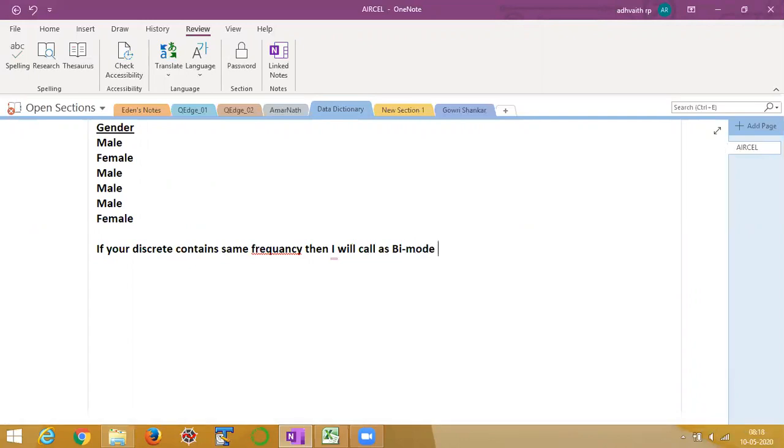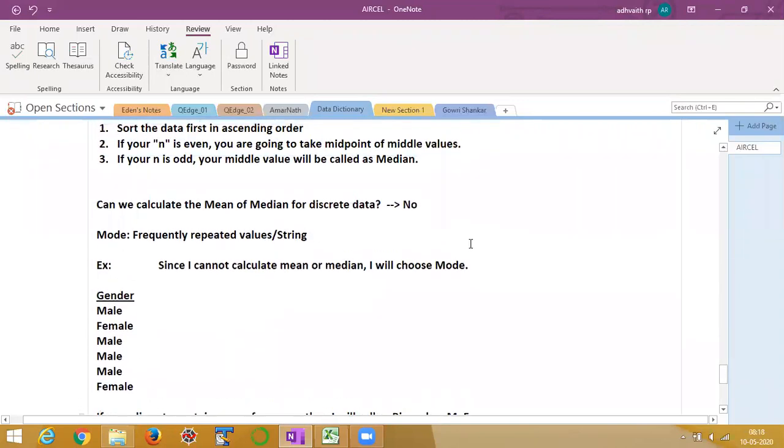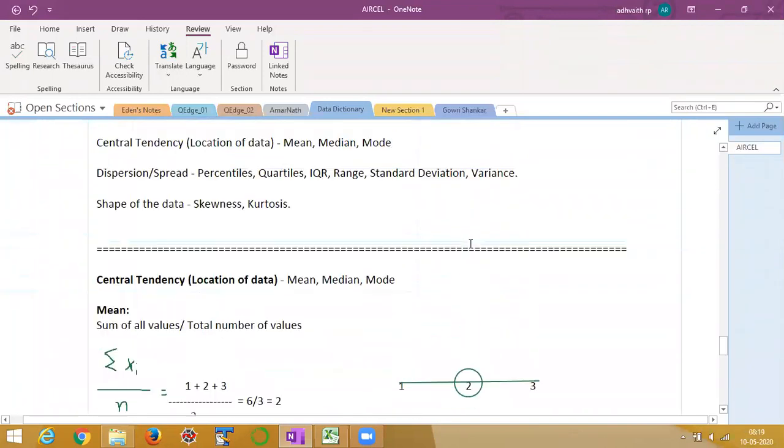That means your answers are both male and female. Because both are equally balanced, I can't say one is higher and one is lower, so I will call it bimode. Similar kinds of situations can happen. Nothing to worry about; you have many ways to solve these problems. Hope you are understanding my session and are clear till here on central tendency.